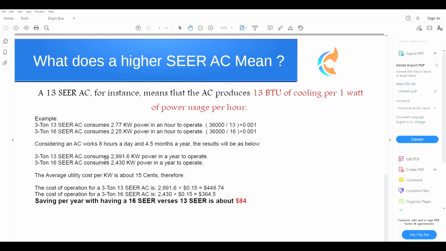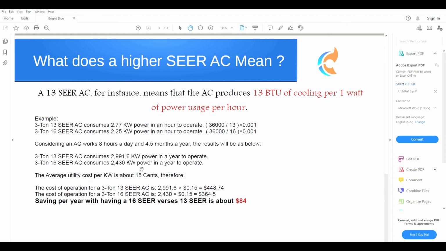So in the entire year, the 3-ton 13 SEER uses 2,991.6 kilowatts, and the 16 SEER uses 2,430 kilowatts. The average utility cost per kilowatt is about 15 cents, here at least in Toronto.